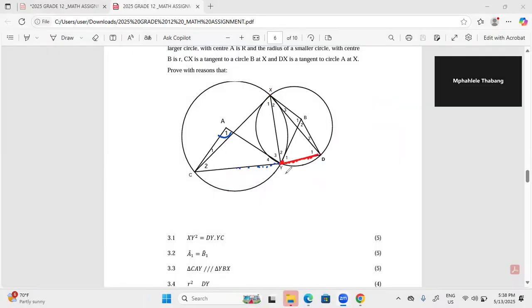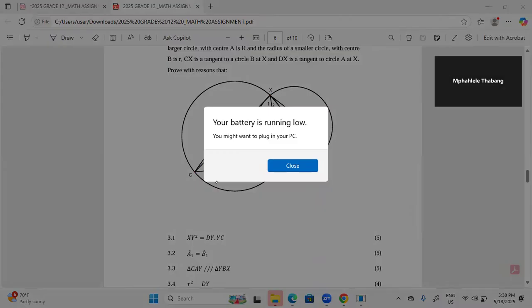There is a problem with this charger. Now it's charging. Okay. So the same proof that A1 equals B1. My charger has a very serious problem.